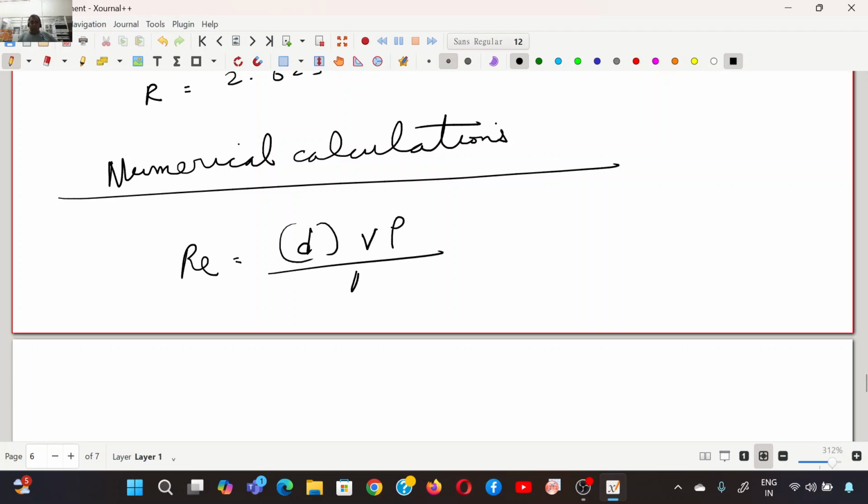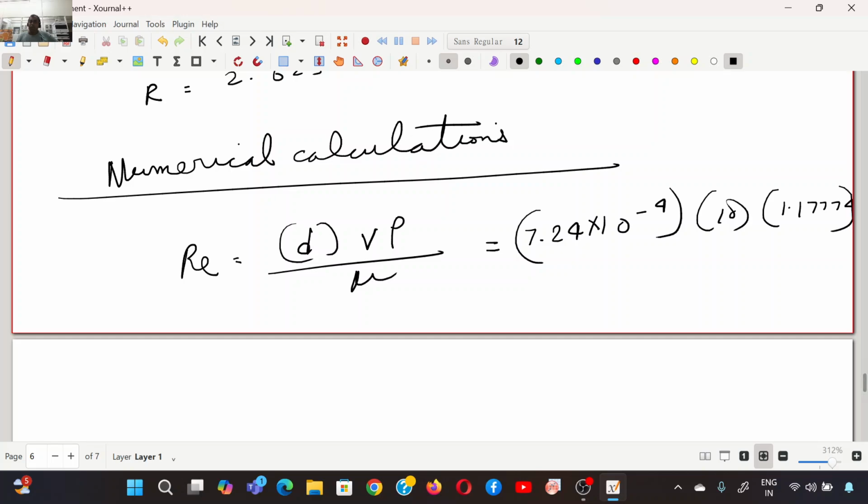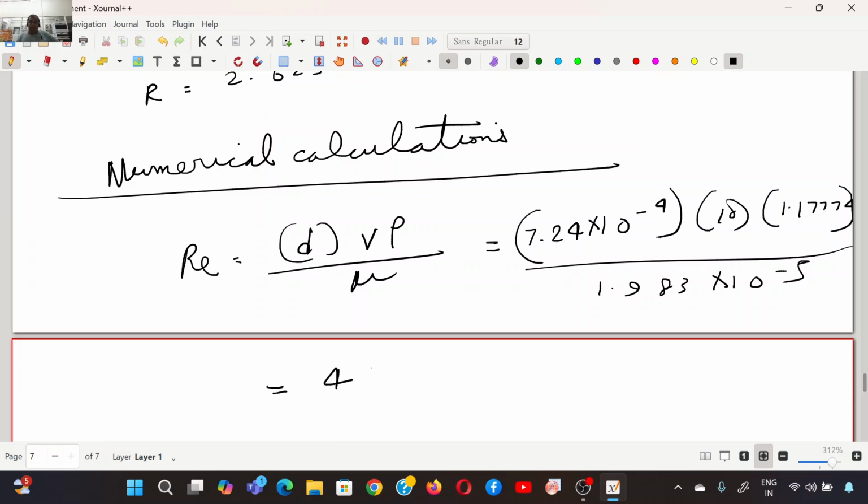We know rho, we know mu. Rho and mu based on the ambient temperature. So this will be what? 7.24 into 10 to the power minus 4 into 10 into 1.177 by 1.86 into 10 to the power minus 5.